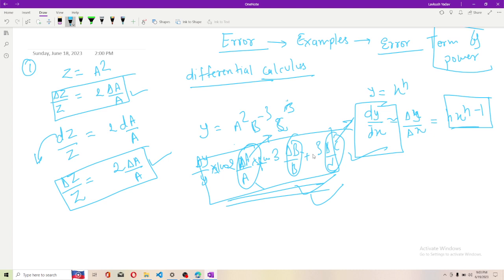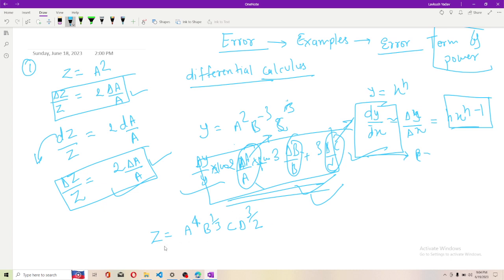So now you understood how we can get the percentage error if the quantity is given in terms of powers. We have also seen this example, and I'm going to tell you another example. Suppose we have z equal to a raised to 4, b raised to 1 by 3, c, d raised to 3 by 2.